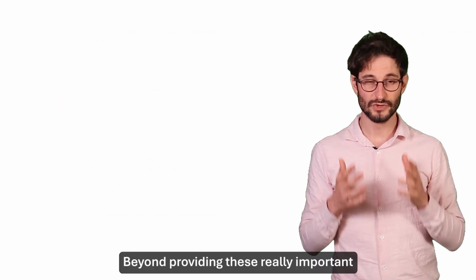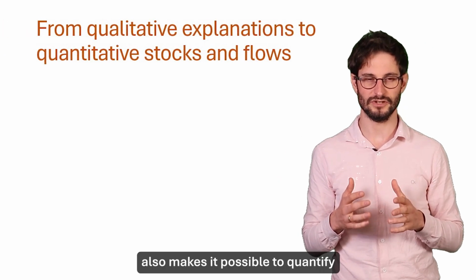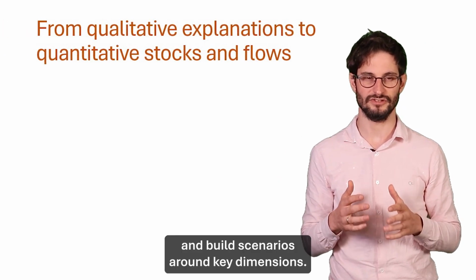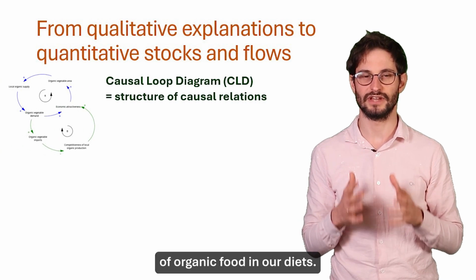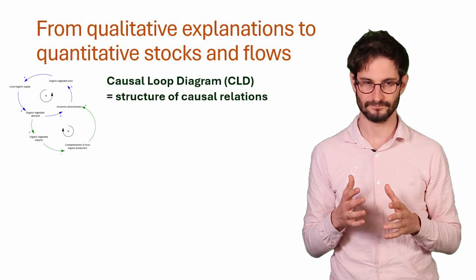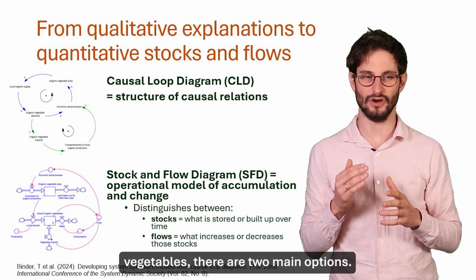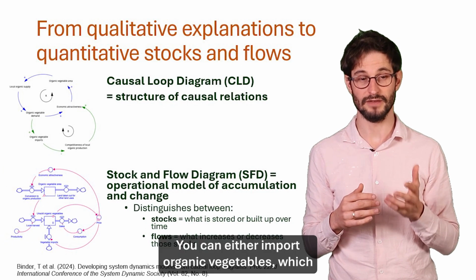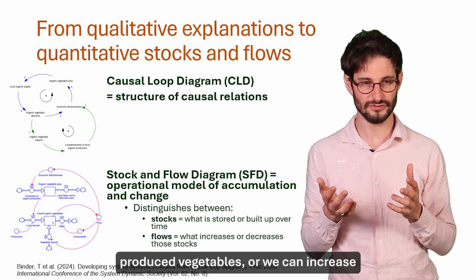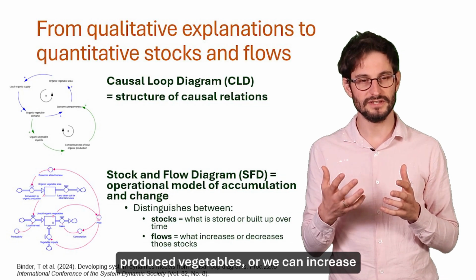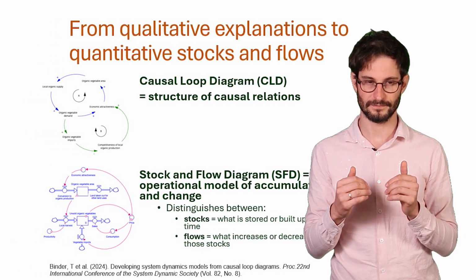Beyond providing these really important qualitative insights, the system approach also makes it possible to quantify and build scenarios around key dimensions. Take, for example, the share of organic food in our diets. If you want to meet the demand for organic vegetables, there are two main options. You can either import organic vegetables, which will then compete with the locally produced vegetables, or we can increase the area devoted to organic vegetables for production locally.